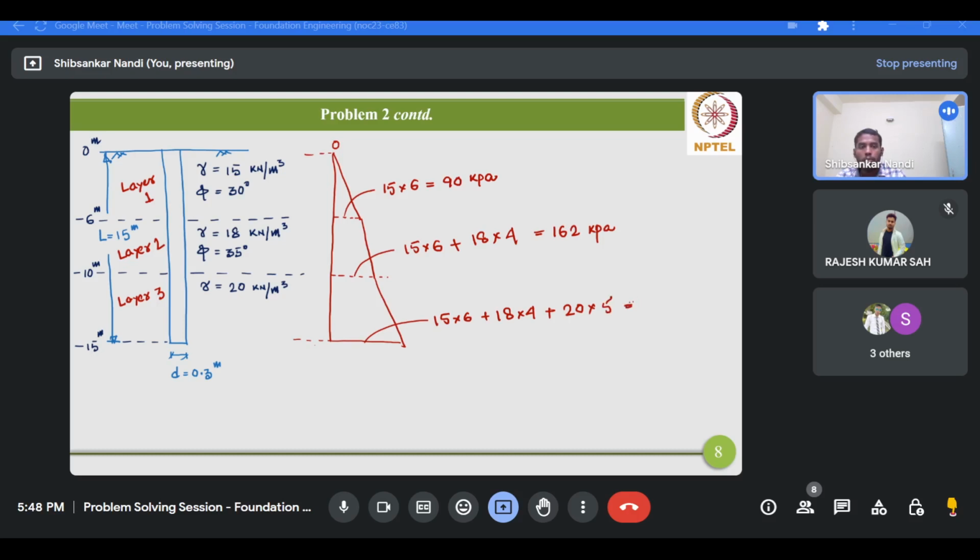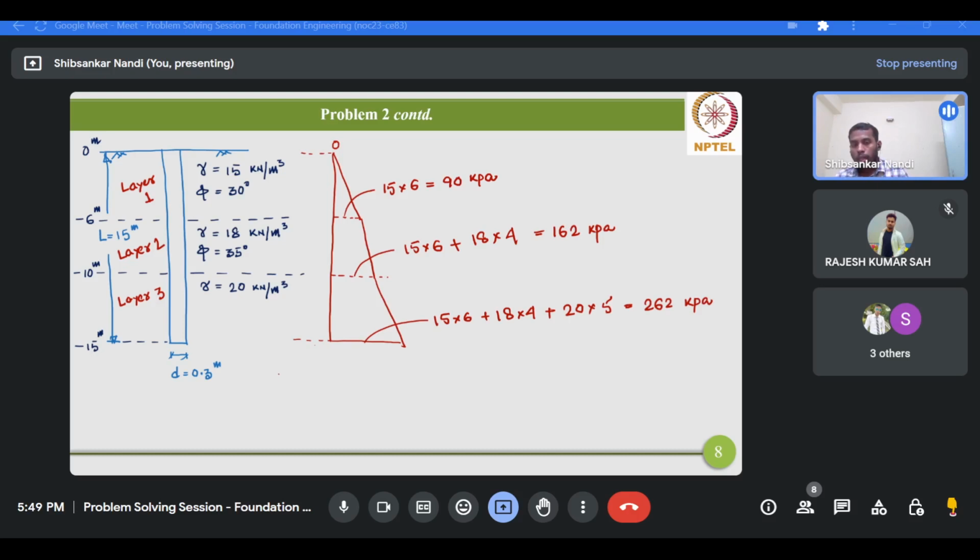So 162 plus 100 is 262 kPa. So this is the profile for effective overburden along the length of the pile, considering all the layers, layer 1, layer 2 and layer 3.